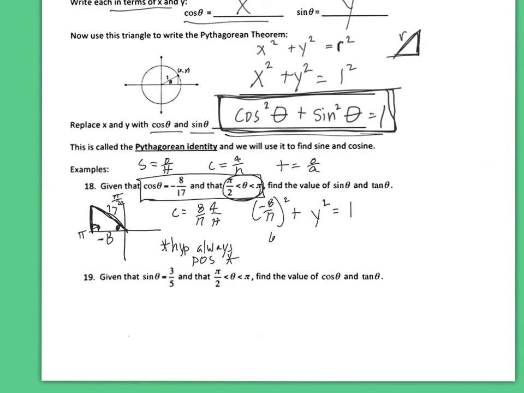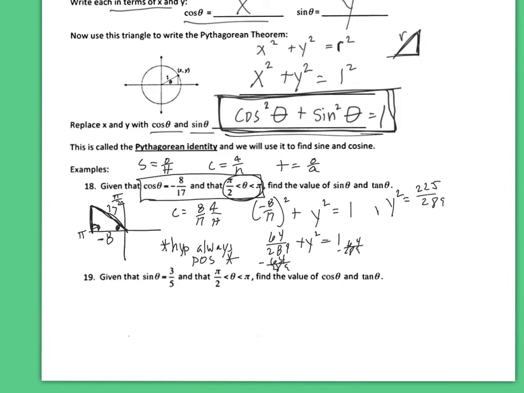When we square this, we get 64 over 289 plus y squared. Subtract this fraction, put it in your calculator, make your calculator switch it back to a fraction for you, and we end up getting y squared equals 225 over 289.